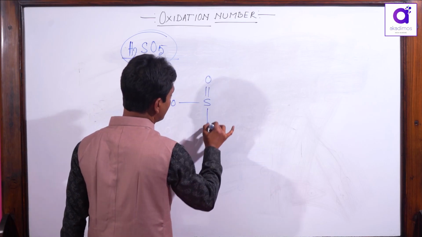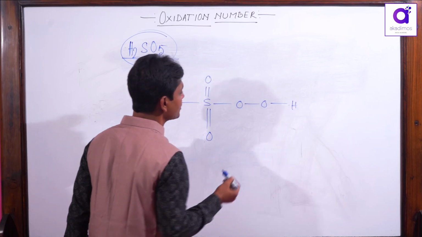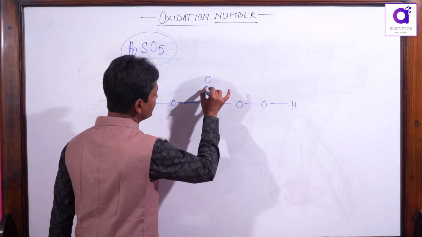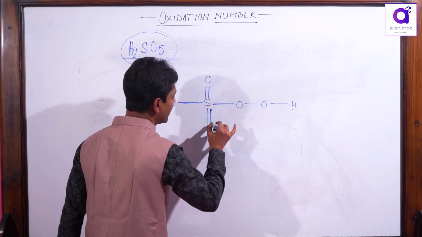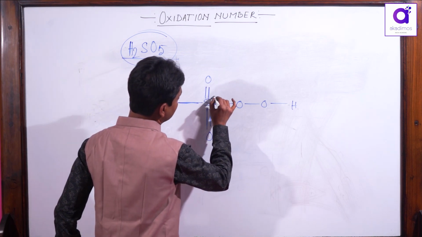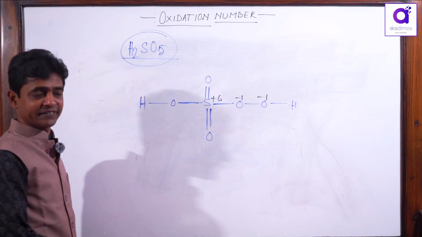See the structure of peroxymonosulfuric acid. This has a peroxy linkage. See here, 1, 2, 3, 4, 5, 6. That means 6 bonds with more electronegative oxygen. This is plus 6. These 2 oxygens are in the minus 1 oxidation state.